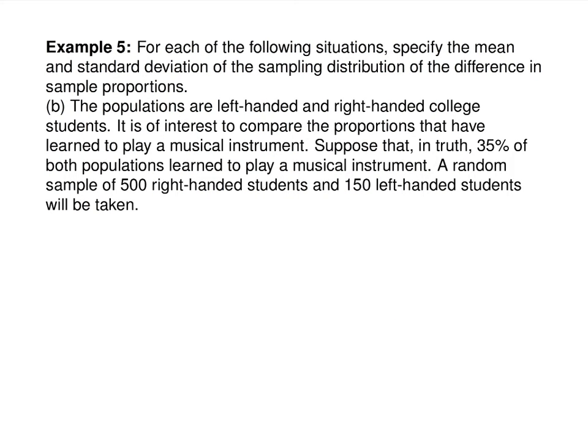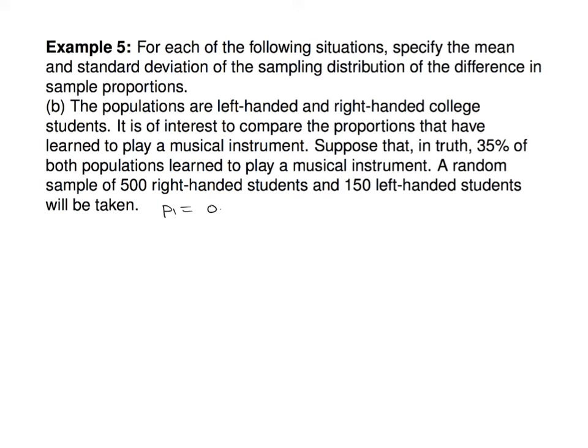For each of the following situations, same idea, the populations are left-handed and right-handed college students. It is of interest to compare the proportions that have learned to play a musical instrument. Suppose that in truth, 35% of both populations learned to play a musical instrument, and a random sample of 500 right-handed students and 150 left-handed students will be taken.